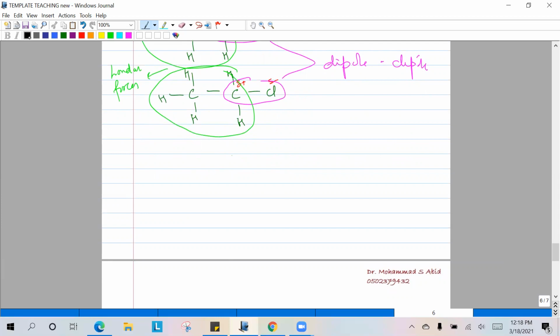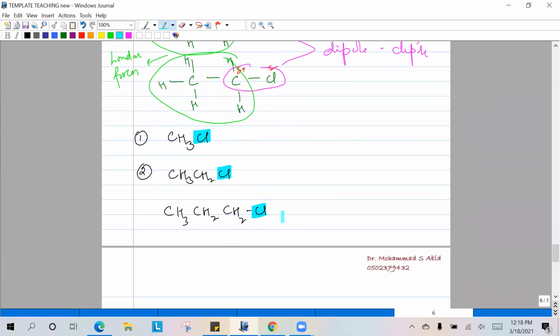Now, let's suppose I give you CH3Cl, then CH3CH2Cl, and CH3CH2CH2Cl. The Cl part is common, so the dipole-dipole interaction is approximately the same.